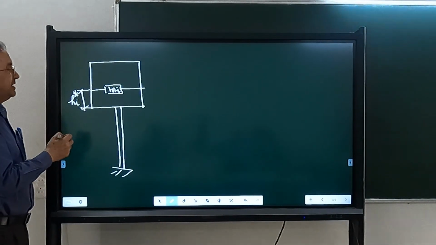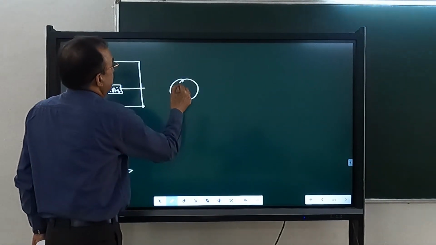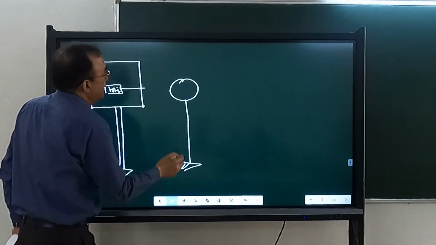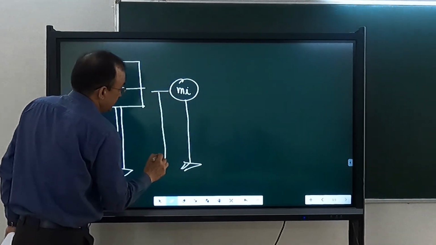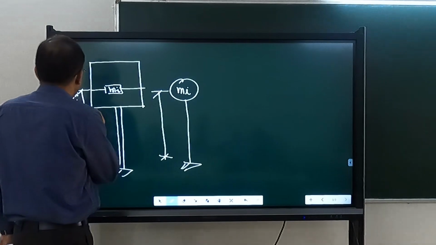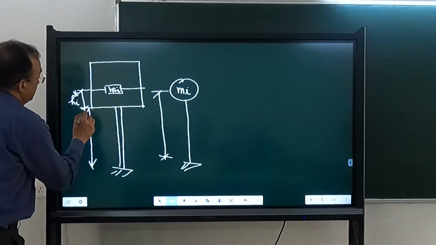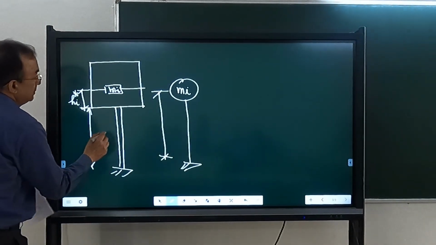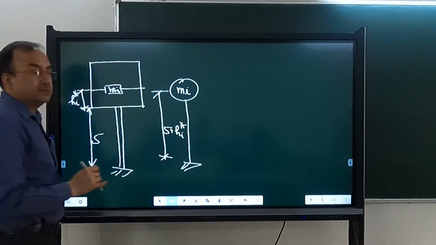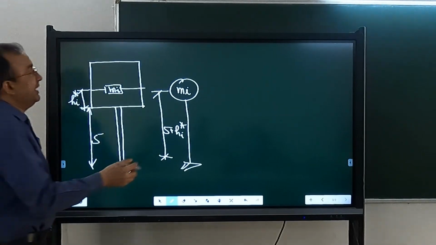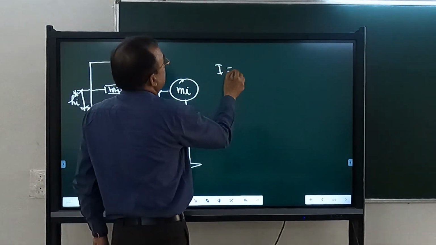So you can replace this by a single degree of freedom system where this is MI and this is 5 meter plus HI star.